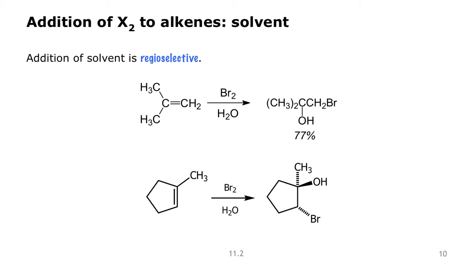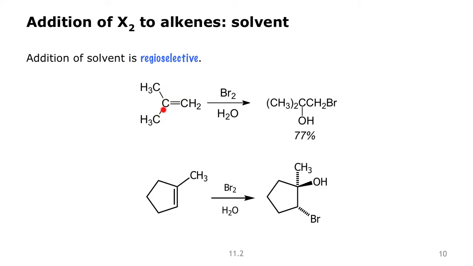When the reaction with the halogen occurs in a nucleophilic solvent like water or an alcohol, then regiochemistry comes into play. And the outcome of that can be shown in these two examples that we see here. These are both unsymmetrical alkenes in that one end of the double bond has more carbons attached to it than the other does.